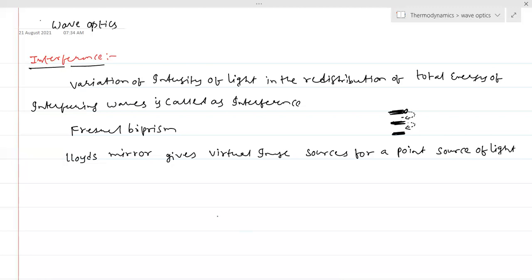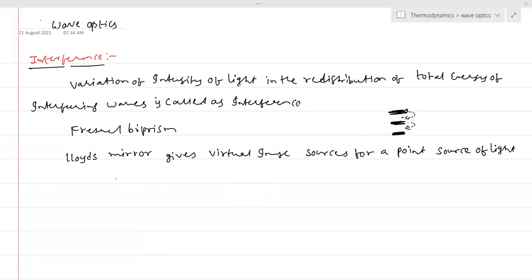Generally, for interference we require two light sources, but here, to get the two light sources, we are using Lloyd's mirror or Fresnel biprism.